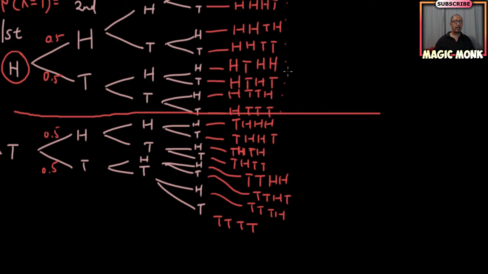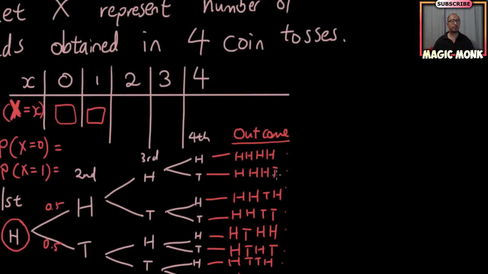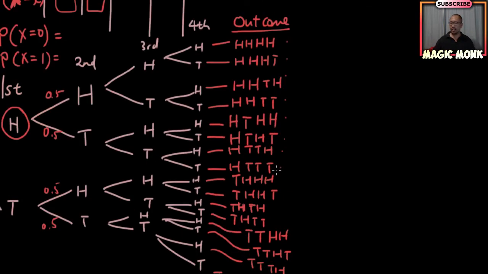So if there's 8 outcomes at the top, there's going to be 8 outcomes at the bottom. So there are 16 outcomes, and they all have the same chance of occurring.